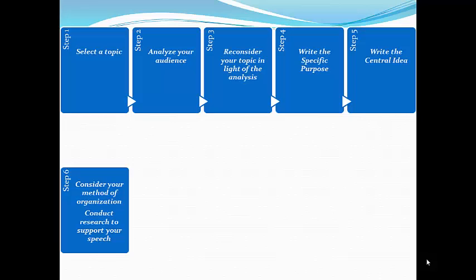So there's a wide variety of ways that you could organize this information. This is important because, again, thinking back to your audience, you need to pay attention to how that information is organized, because your audience is counting on you to be clear, and they need to be able to make sense of this information. So you need to think about, what's the best way for me to organize this?